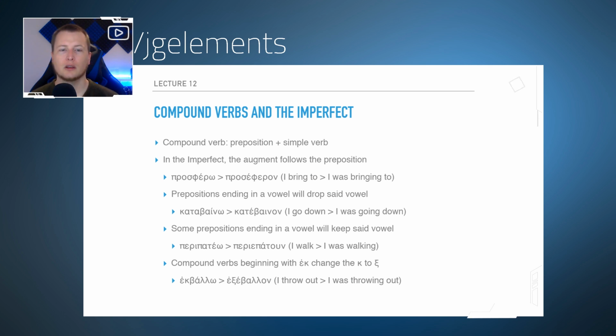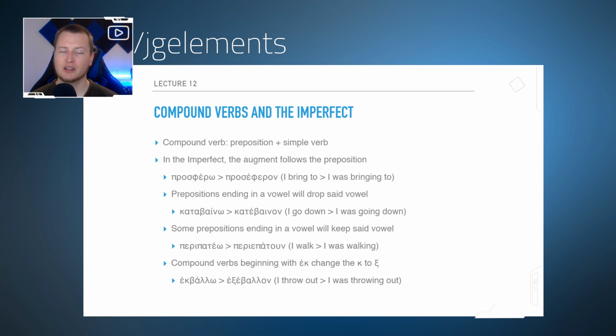What you do is you add the augment after pros, because that's the first word, that's the preposition, and then you use your secondary endings on the verb. So prosephheron, which becomes I was bringing to.